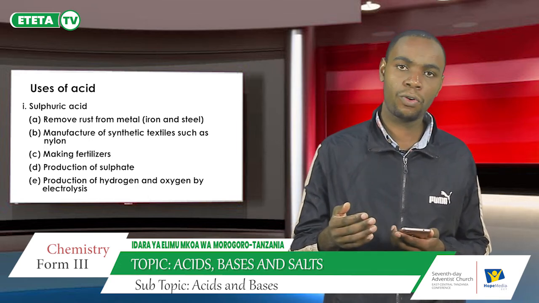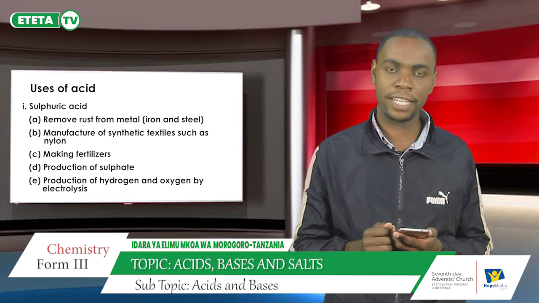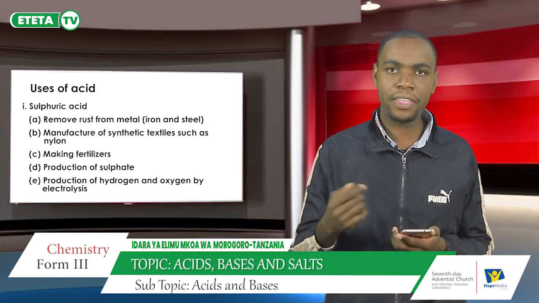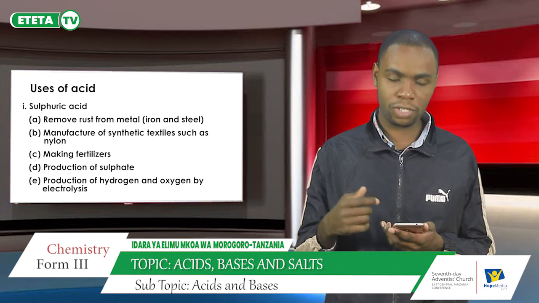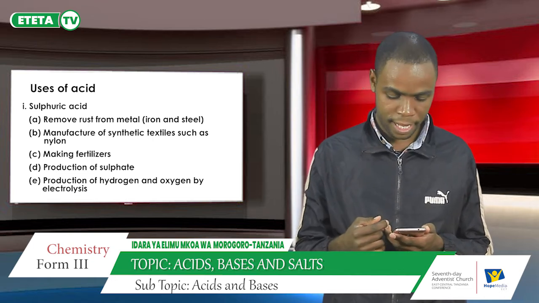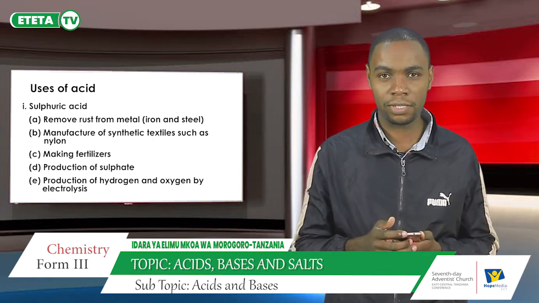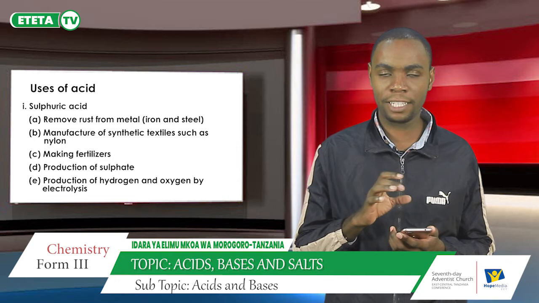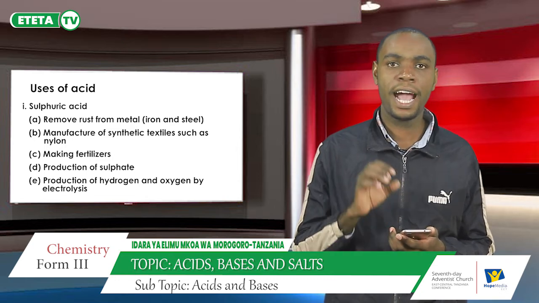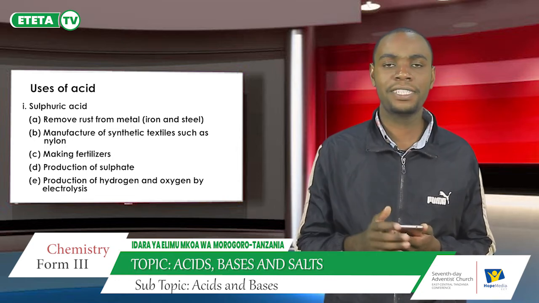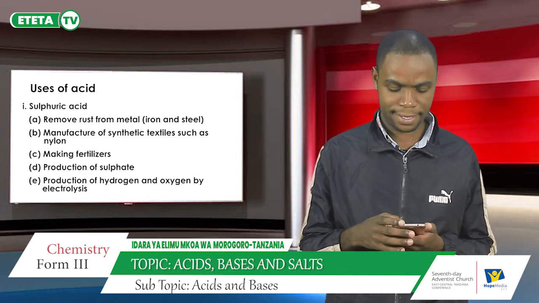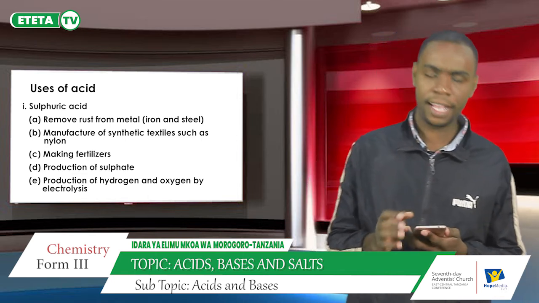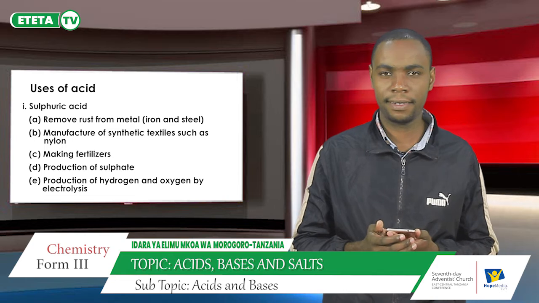Another use of sulfuric acid is in the production of hydrogen and oxygen by electrolysis. So these are some uses of sulfuric acid.